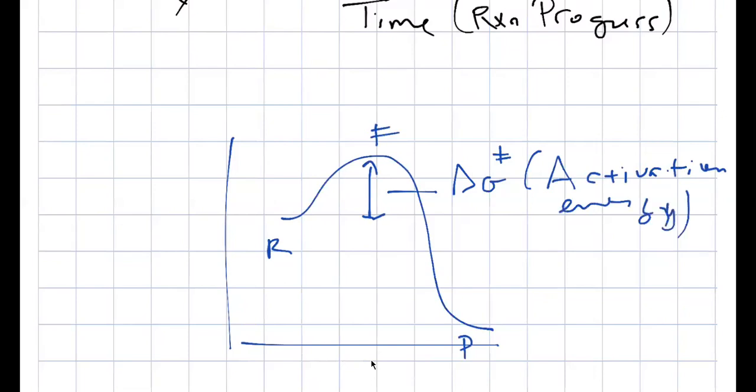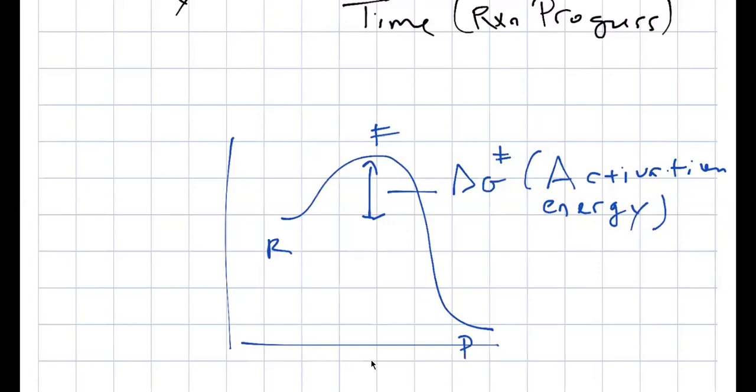That's the amount of energy that it will take to get from the reactants to the transition state. So that gap between the reactants and the transition state, that's the activation energy.